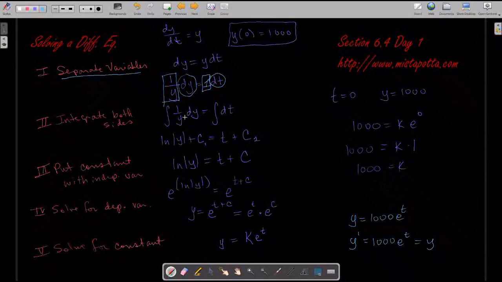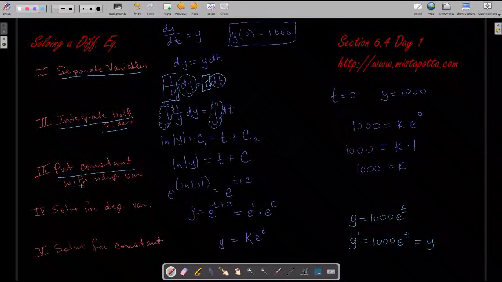Once I separated my variables, I want to get rid of my differentials, so I integrate both sides. So this idea of the integral to get rid of my differential dy and an integral here to get rid of my differential dt gives me one function equals another function with constants of integration on both sides.